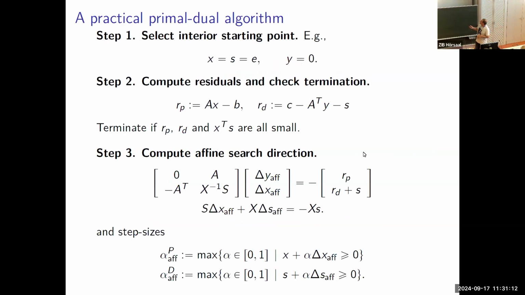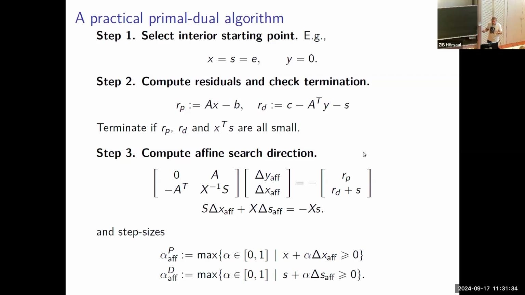So we start by just picking an interior starting point. X and S could be all ones and Y could be 0. We evaluate primal and dual residuals, and if the residuals and our complementarity are 0, then we terminate.